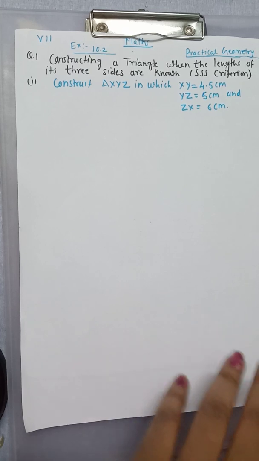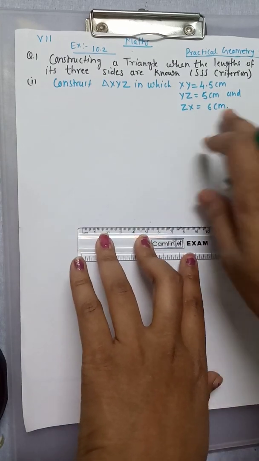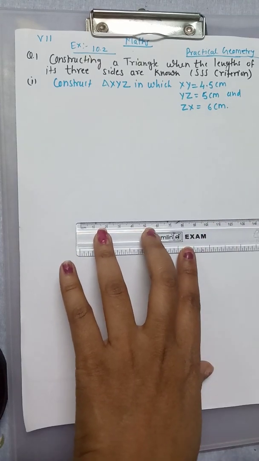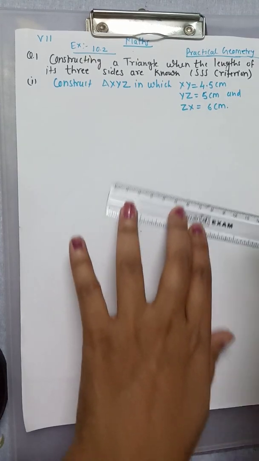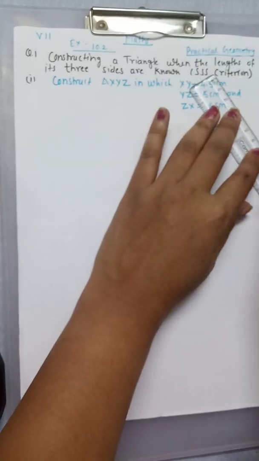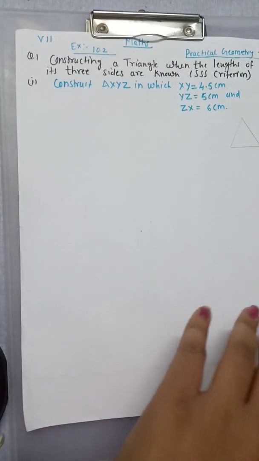First, we can take YZ as 5 centimeter. First you can draw a rough figure of how to construct this. If you draw a rough figure, a triangle like this will come.